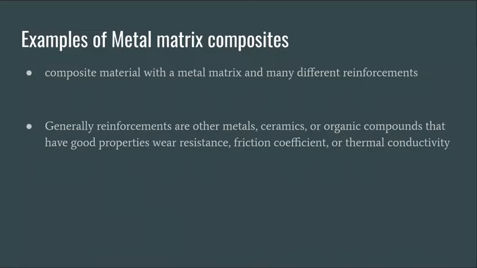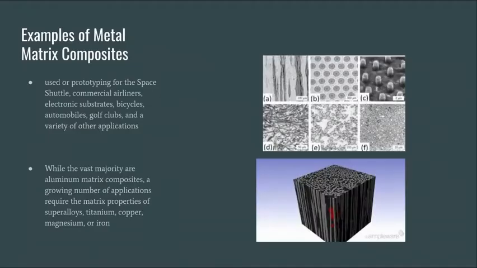And these reinforcements, they choose them accordingly to have good properties such as wear resistance, a friction coefficient, or thermal conductivity. You'll actually work probably with these friction coefficients next year in physics. You'll probably do work on the mechanics of different materials. So there is such a thing as a metal matrix and then a ceramic matrix.